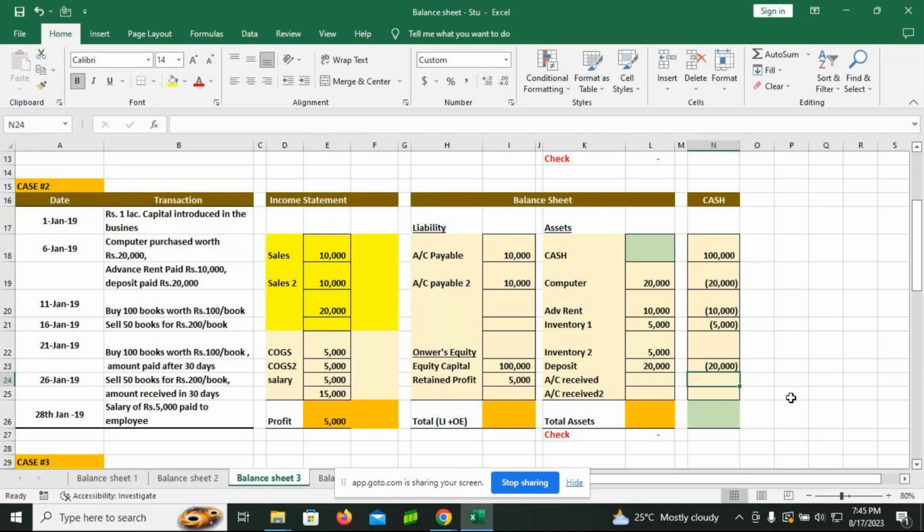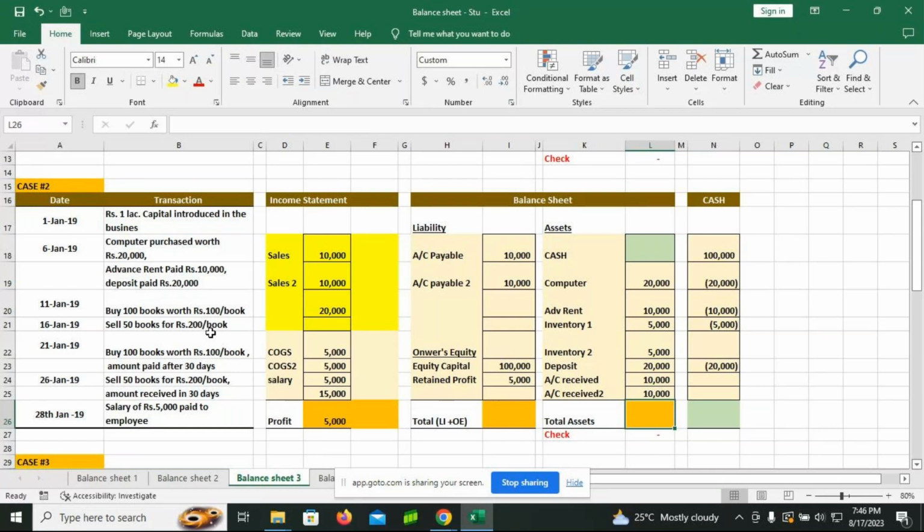So receivable. So how much I'm supposed to receive equals 50 into 200. So in this, one amount I have received and one amount I have yet to receive. So here you can see, sold books for rupees 200.